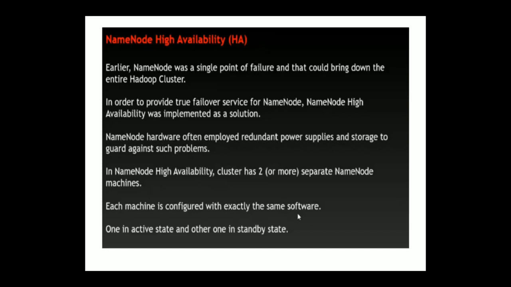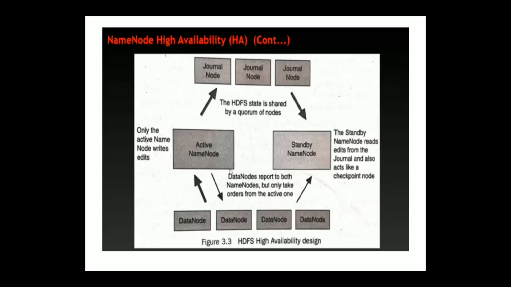Generally, the hardware employed has redundant power supplies and storage to guard against such problems. In a cluster, there are two separate name node machines. One will be in active state, another in standby state. I'll explain with an example.